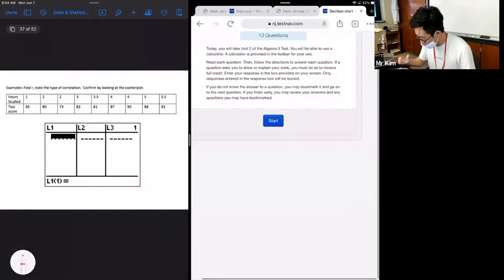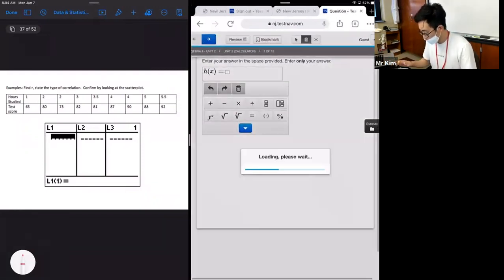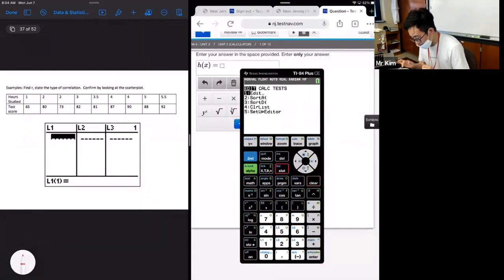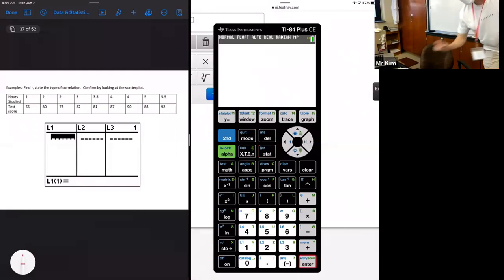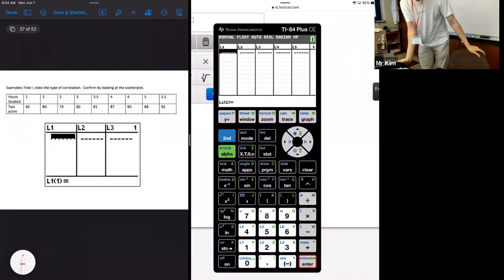That's the calculator section, and I'll be able to have my calculator here. All right, so here what we want to do is we want to go to stat, okay? Stat button is right here. Press on that, and then you press edit, and then you'll be able to get to the list 1, list 2, list 3, and all these good stuff here, okay?